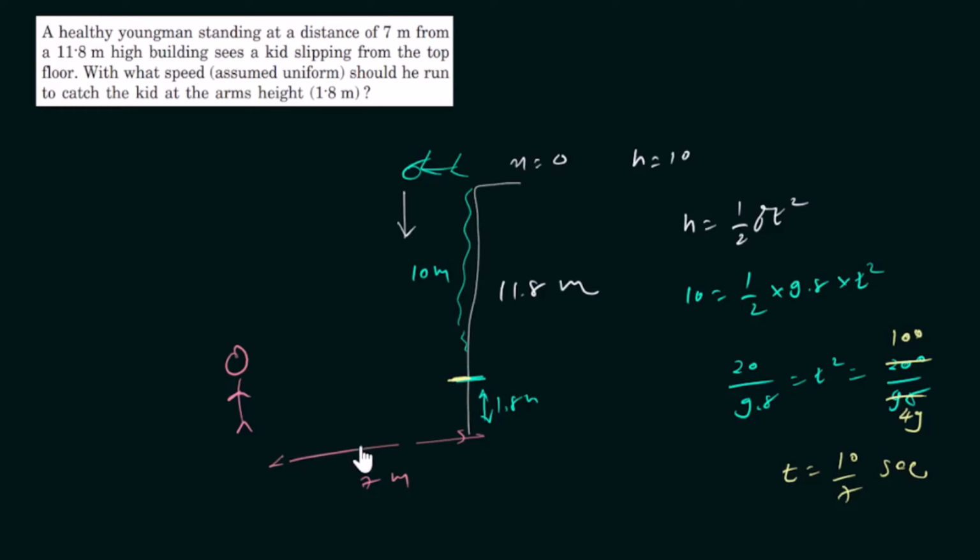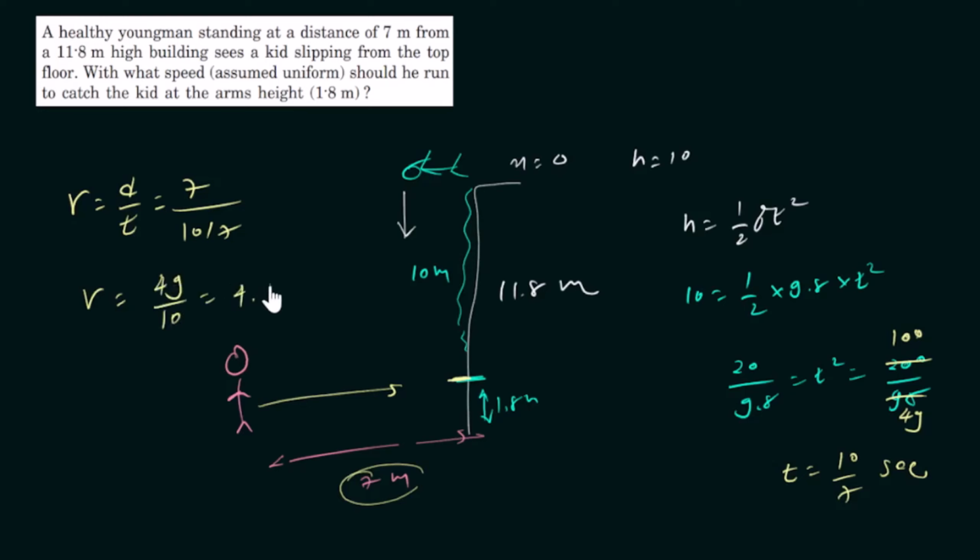Now this man has to cover this much distance, which is 7 meter, and his speed should be uniform. So I can take v equals d by t. Distance is 7 meter and time is 10 by 7 seconds. So this is 49 by 10, 4.9 meter per second.